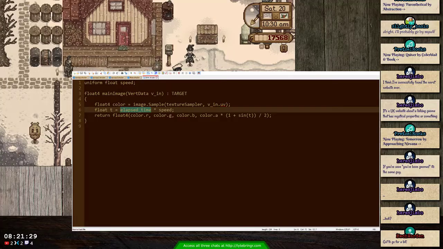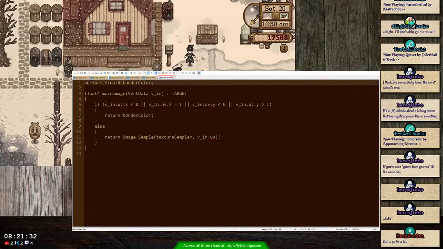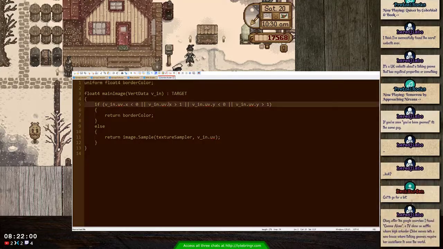And then does border have something interesting? So I'm guessing this right here is the current coordinate.